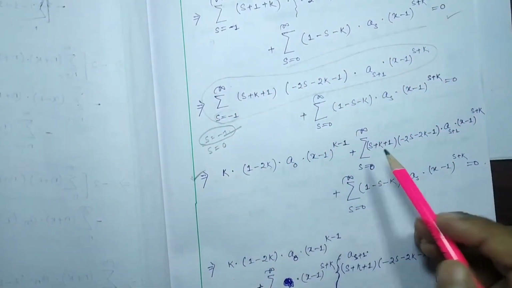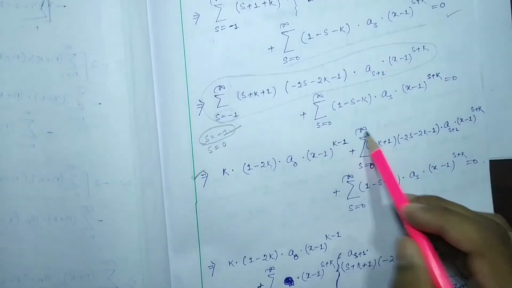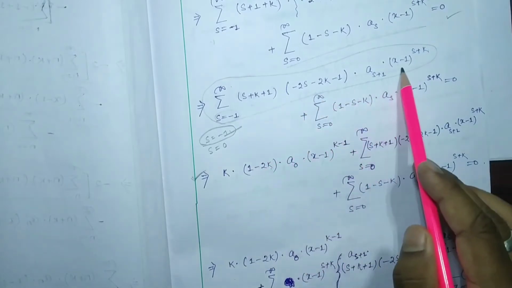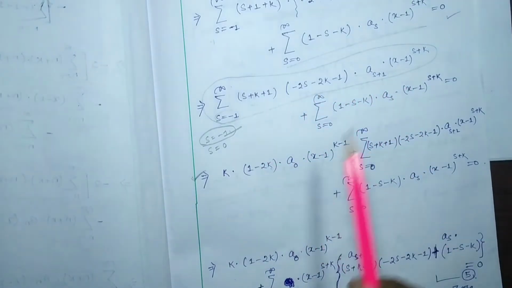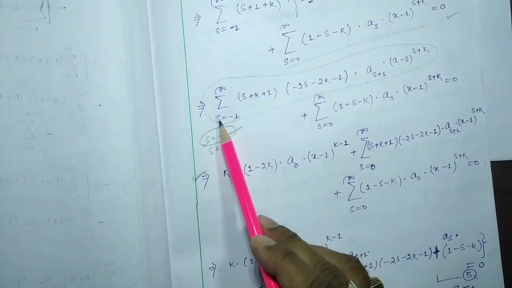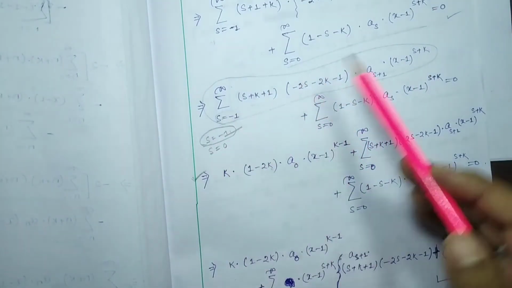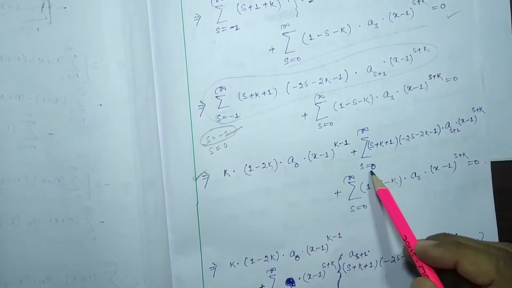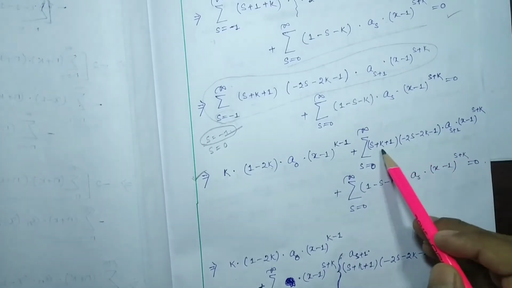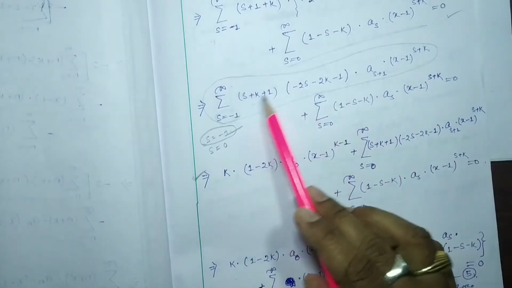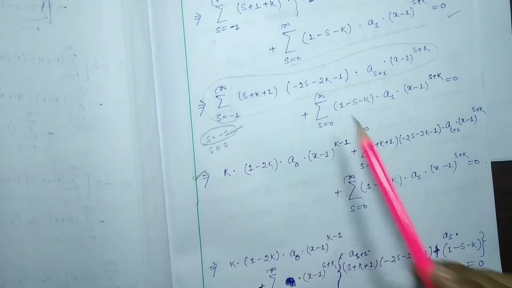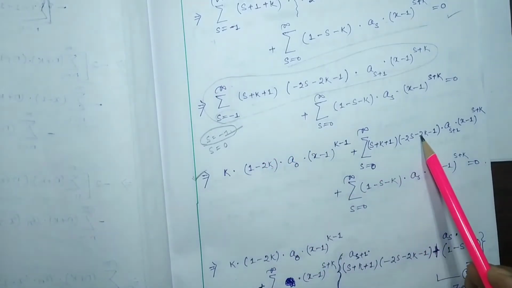Now the summation will start from 0 to infinity, this one, whatever is written here, okay. After removing the term for s equal to minus 1, the rest of the terms are going to start from s equal to 0 to infinity, and the general term, whatever has been written over here, that is s plus k plus 1 minus 2s minus 2k minus 1.